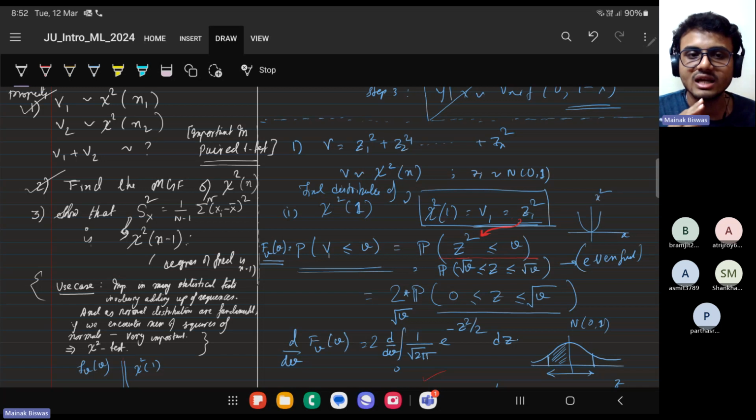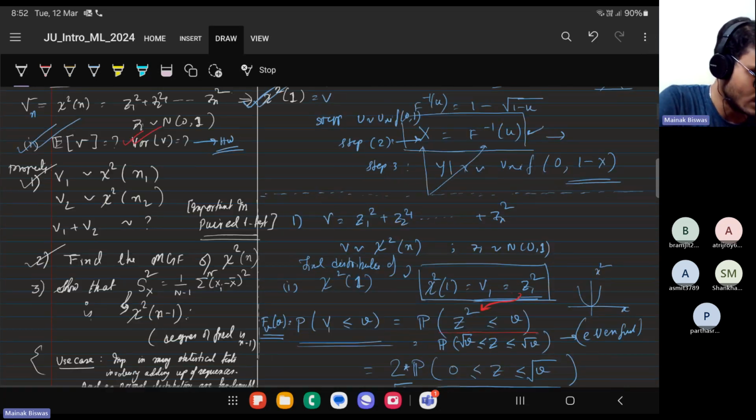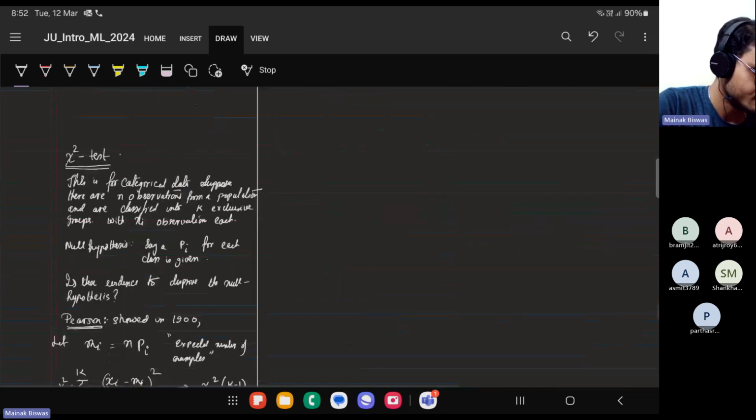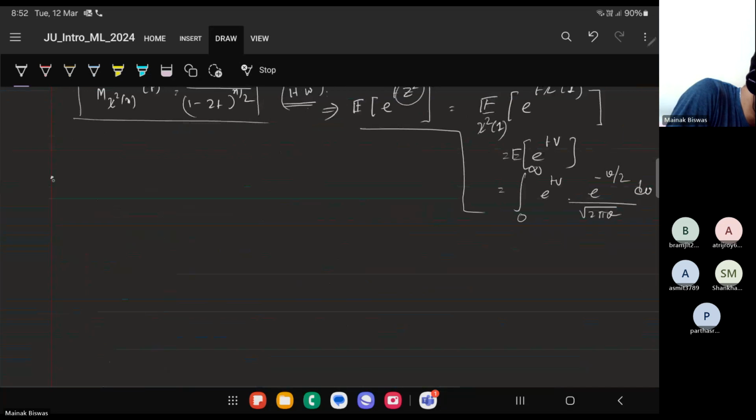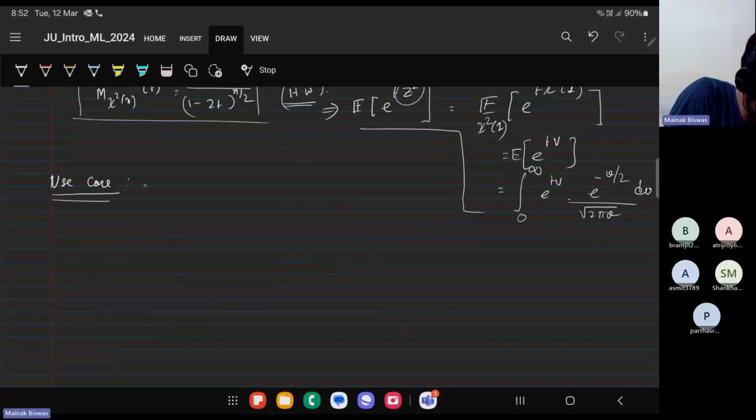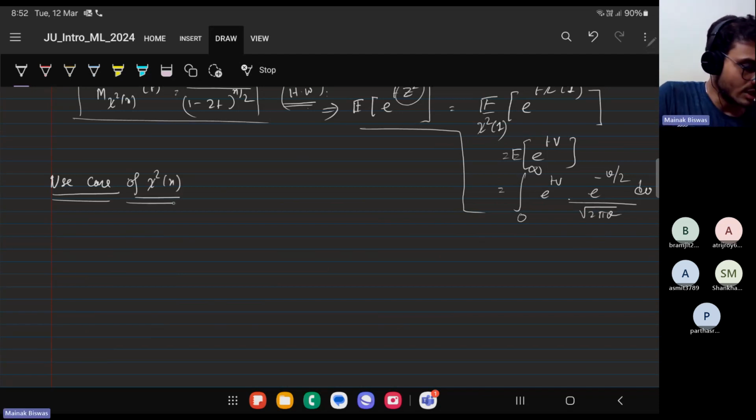And this is used everywhere. So if you are doing z-scoring, or you are normalizing the data as x minus mu by sigma, as we had done before, recall, right? Let me just show you the intuition. Use case of chi-square.